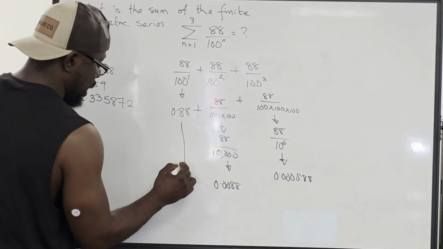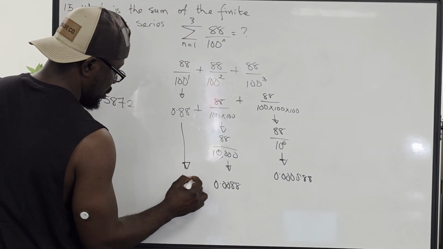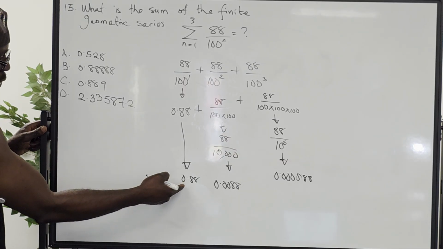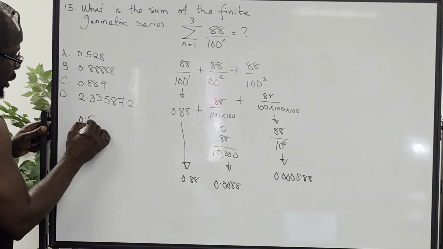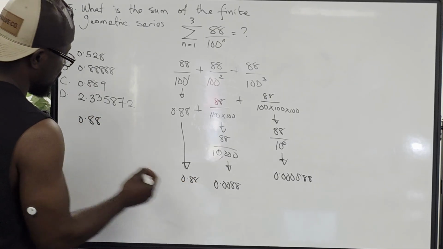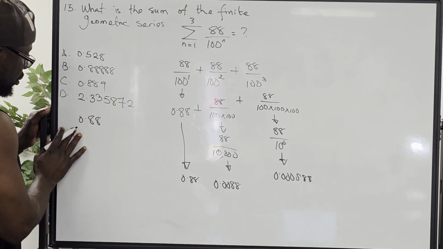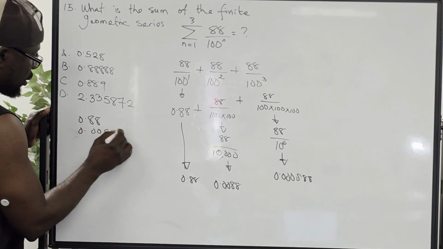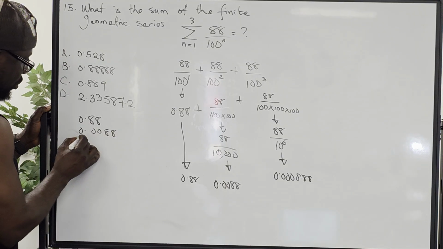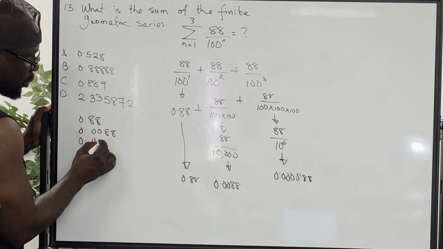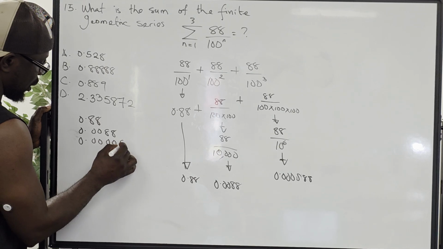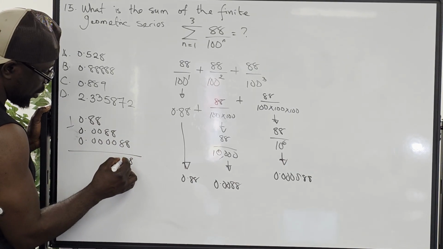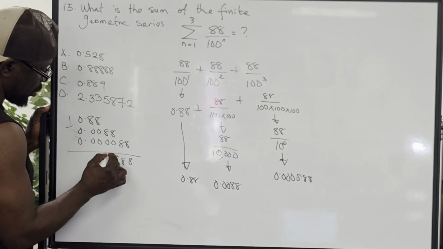So now you can add all these numbers together. Start with the biggest one, 0.88. Add this one to it, 0.0088, and add that to it, 0.000088. If you add all this together, you're gonna have 8, 8, 8, 8.